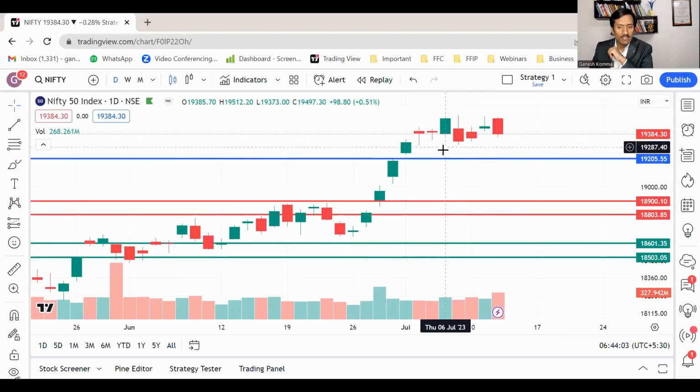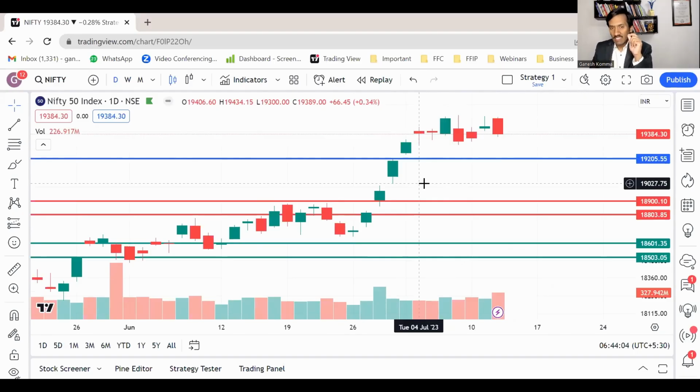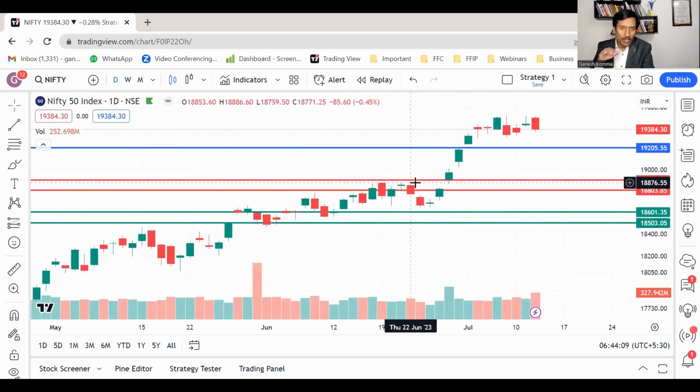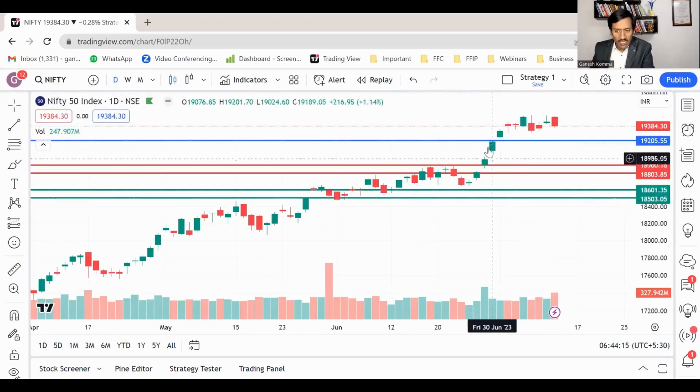The horizontal lines you draw are your support and resistance. Whatever lines you are seeing, green, red, blue, at various points in May, June, June 26th, and July, we have drawn our support and resistance.